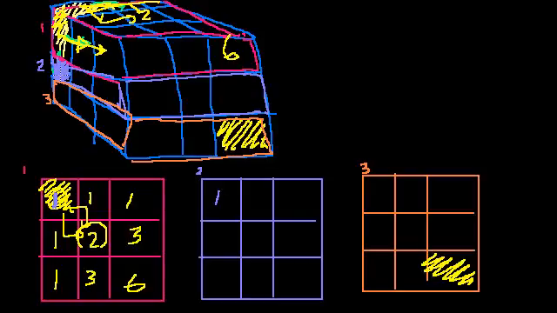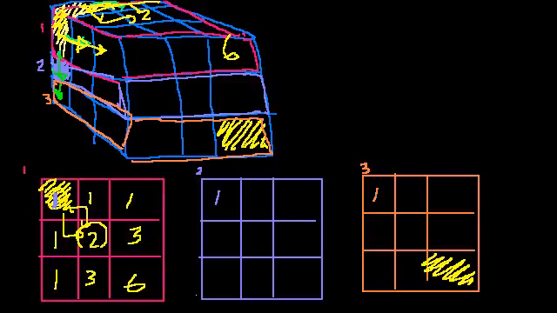And actually, let's extend it. There's only one way to get here if I'm going straight down. And so there's only one way to get to this cell, too. I'd have to go straight down again. So there's only one way to get there. Hopefully you understand the way we're visualizing it. This is the bottom row, and there's only one way. You go from here straight down to there, straight down to there, and that's the only way to get there.